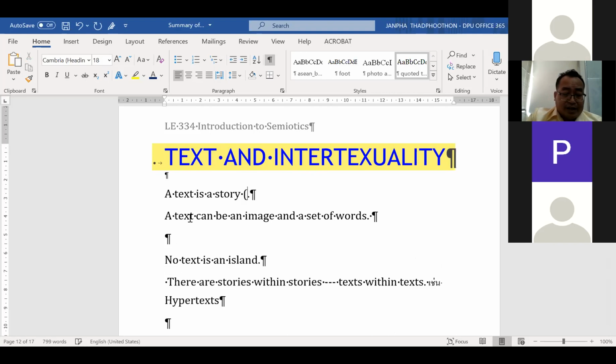A story can be said to be like a narrative. What is a narrative? A narrative is a set of words. A set of signs and symbols.